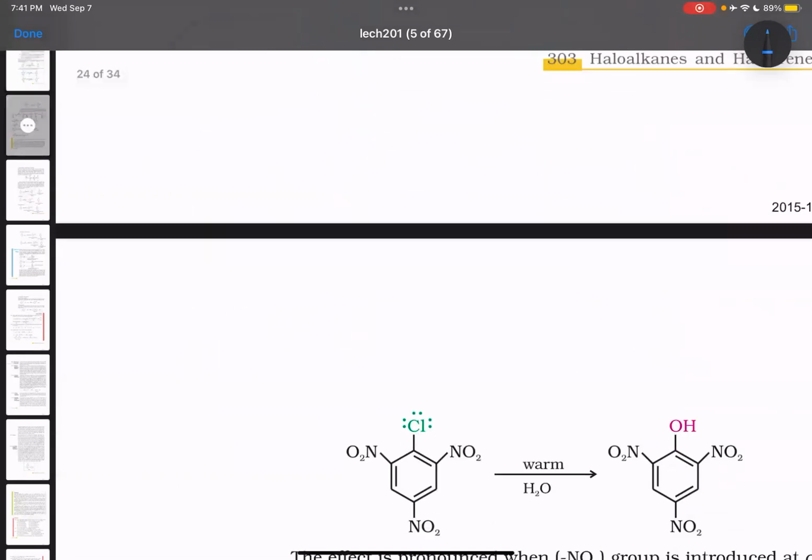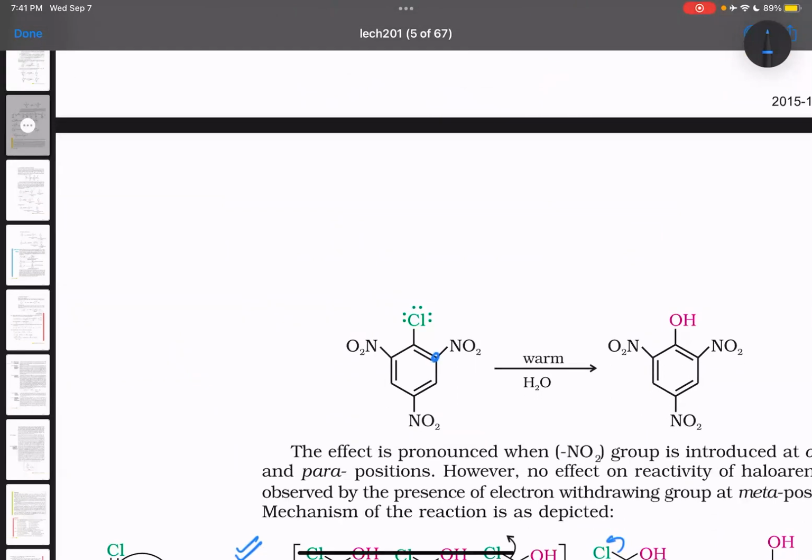And suppose you put three NO2 groups at ortho and para positions, these NO2 groups are electron withdrawing groups. Look what has happened. The substitution has occurred even with simple water. You haven't taken even NaOH, you simply warm it. You don't even heat it very strongly and you get the picric acid.